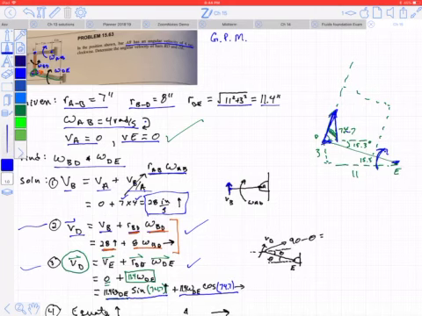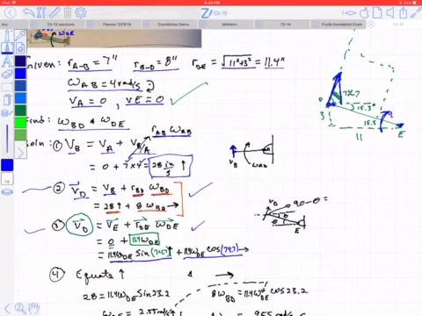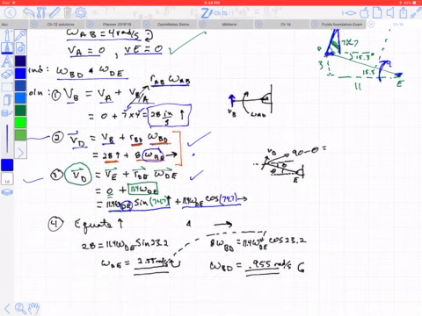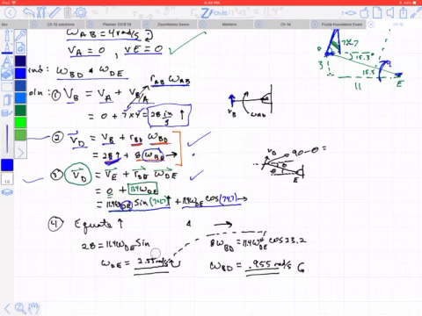We have two unknowns here. We don't know omega BD, and we don't know omega DE. And our two equations are the vertical parts, the 28, and the 11.4 omega DE times the sine of 74.7. So the vertical part of the 28 equals the vertical part of 11.4 omega DE sine 74.7.